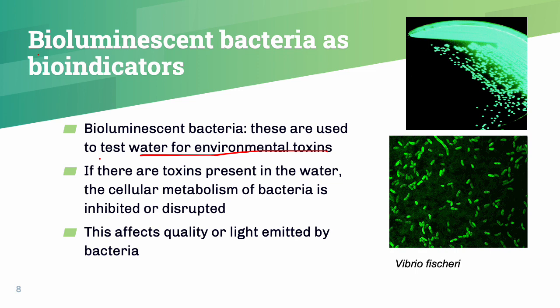Okay, if there are toxins present in water, the cellular metabolism of bacteria is inhibited or disrupted. So, take note of that na kapag may mga present na ganitong organisms, of course, the cellular metabolism sa bacteria is inhibited or disrupted. And of course, may mga toxic or toxins na present dun sa tubig. So, this affects quality or light emitted by bacteria.